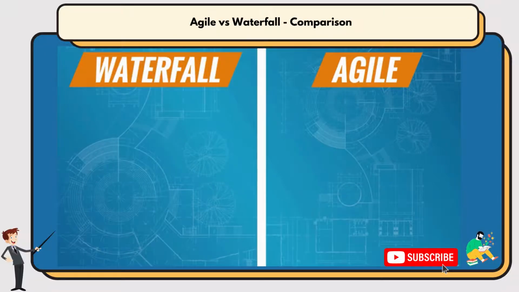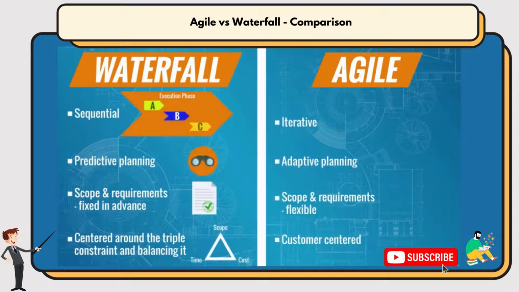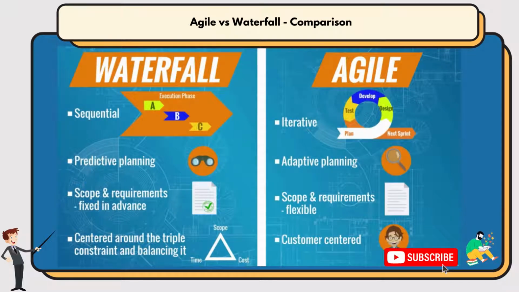Interesting. But in the end, which one is better? Well, we need to admit that it is the wrong question to ask. The right answer will always be different, depending on the specific project. Waterfall and Agile are different approaches aimed at delivering the same thing, a successful project.